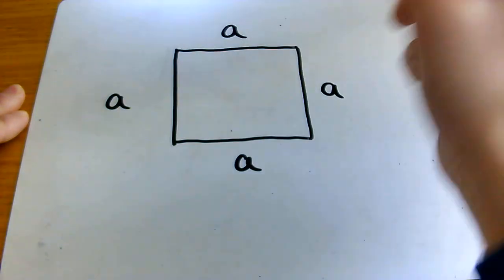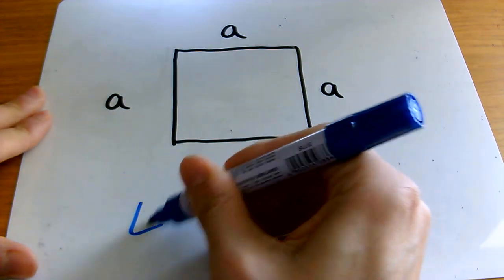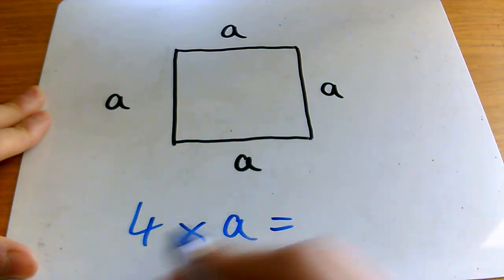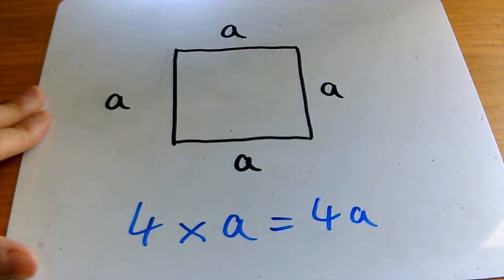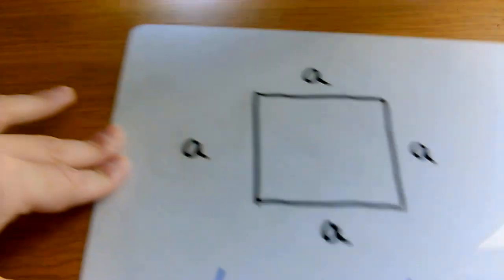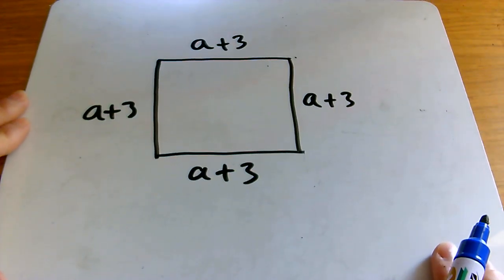So again, it'll be A plus A plus A plus A, or 4 multiplied by A, which, as we saw last time, is written as 4A. And that's a fairly simple example, but sometimes the side lengths could be given as something that looks like this.